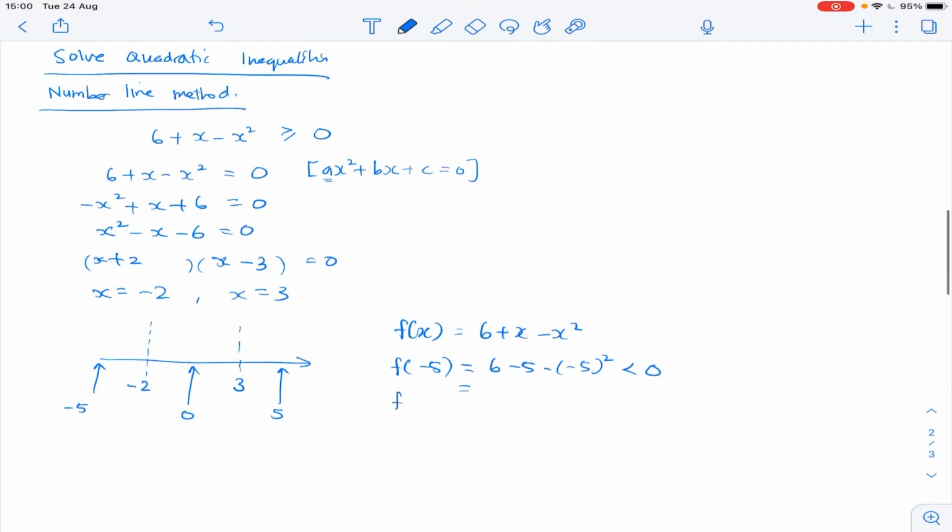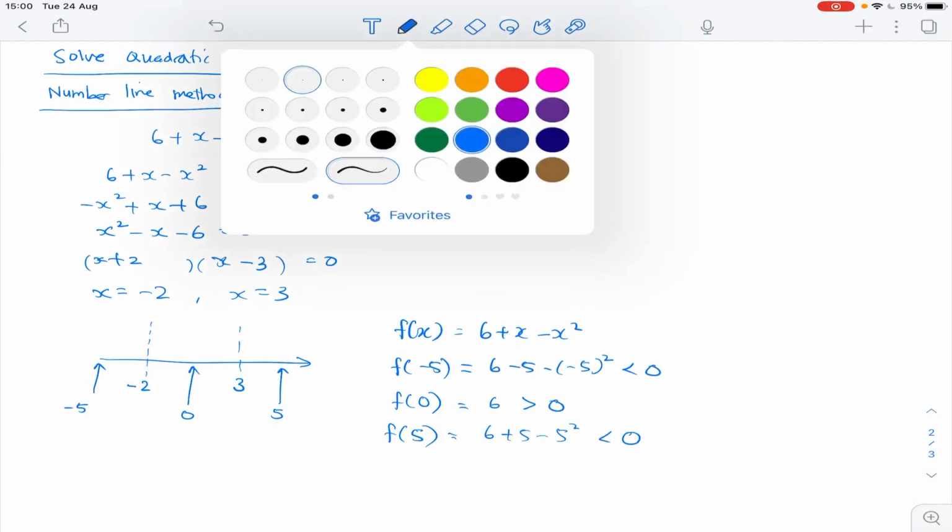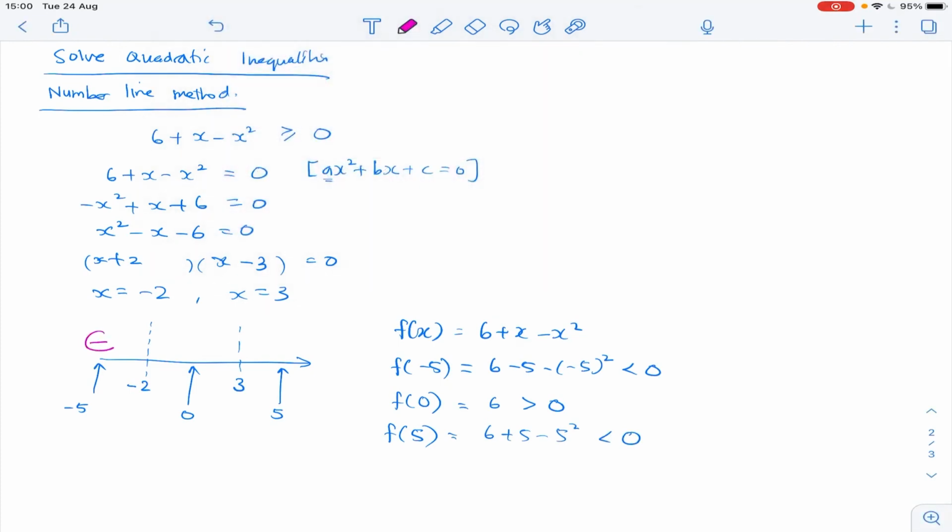How about if x were equal to 0? Well, it would be 6, just 6, which is a positive value. And if x were equal to 5, this would be 6 plus 5 minus 5 squared. I know that this is a negative value. So I rewrite that. I know that this is negative.